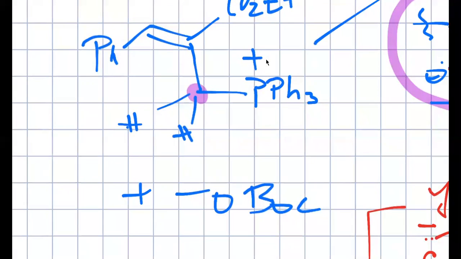Get rid of one of the hydrogens. Okay, I agree with that. How? I think I heard somebody say use the oxygen. That's right. We lost that O-tBu group in the elimination part.